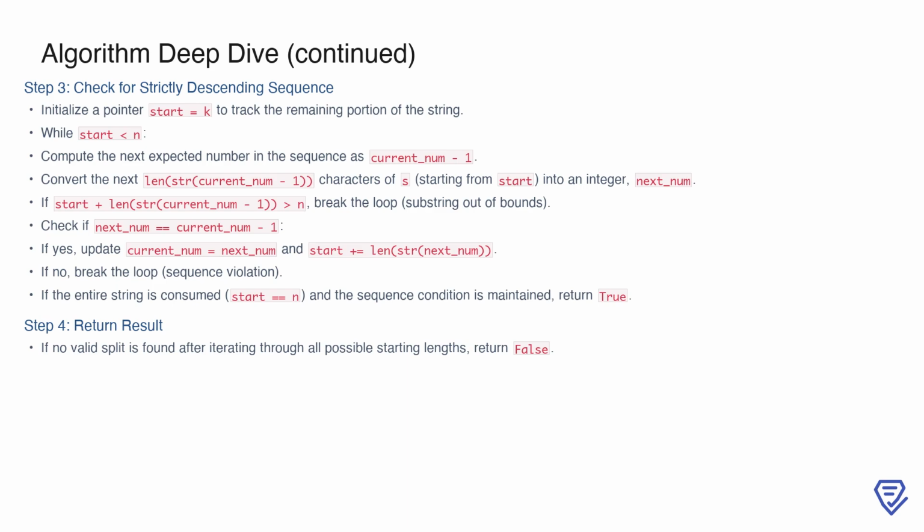If the substring goes out of bounds, or if the extracted number doesn't match the expected number, we end the current attempt. However, if the match is successful, we update the current number and move the pointer forward. If we successfully consume the entire string while maintaining the sequence, we return true. Otherwise, after trying all possible initial splits, we return false.